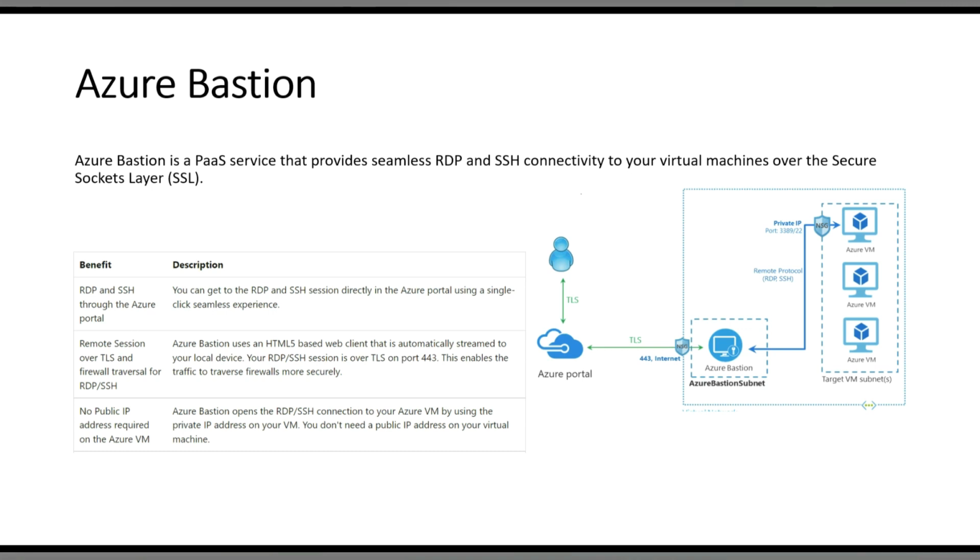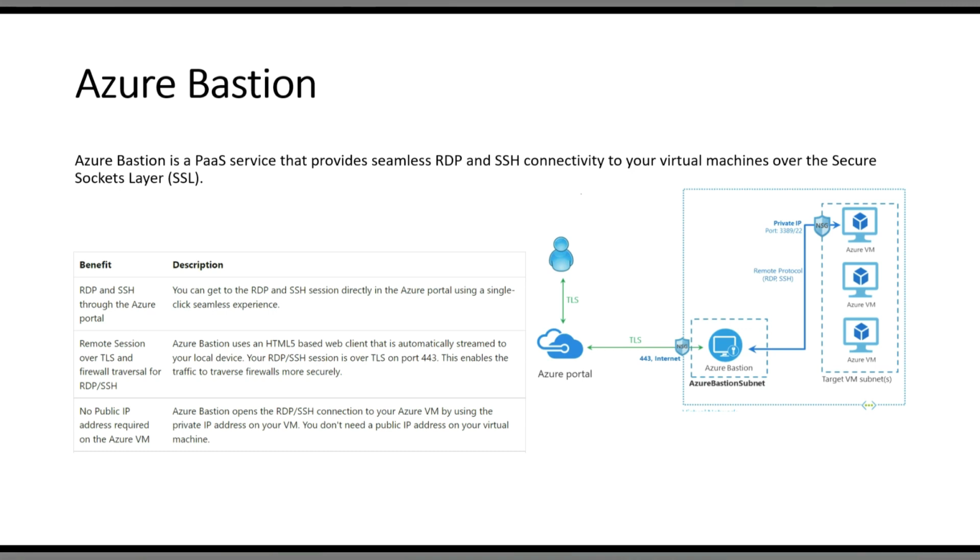Azure Bastion service is a PaaS service that provides seamless RDP and SSH connectivity to your virtual machine over SSL without having any public IP address on the virtual machine. So basically you can access your virtual machine over the internet without having any public IP address defined at the VM level.